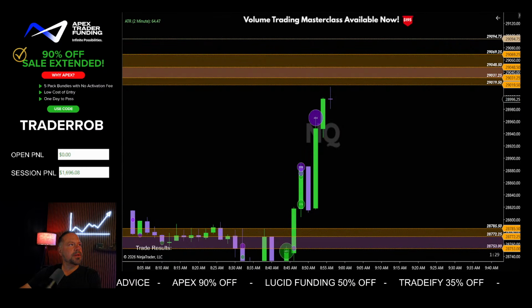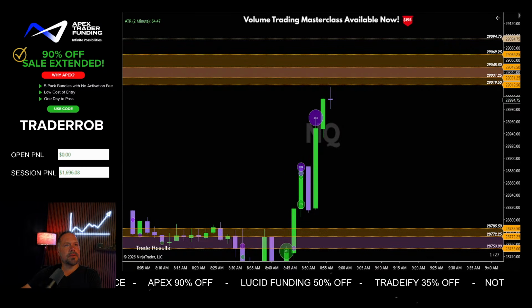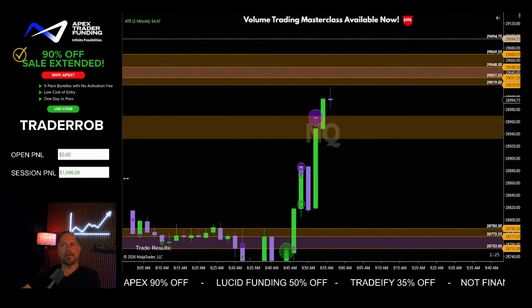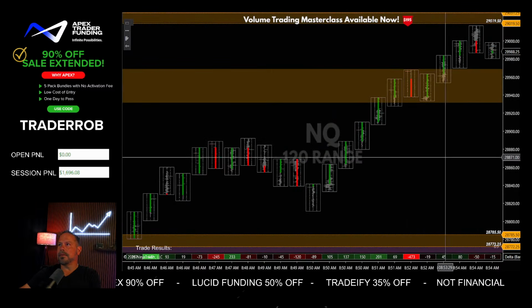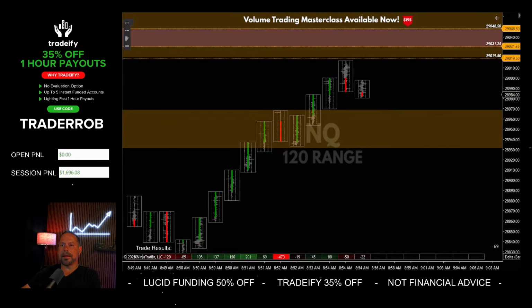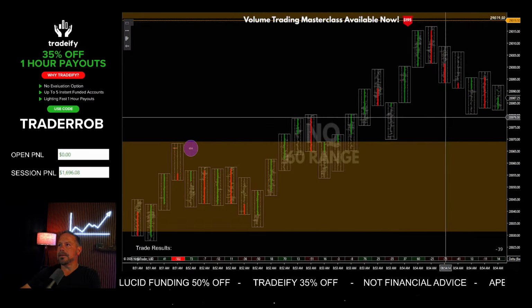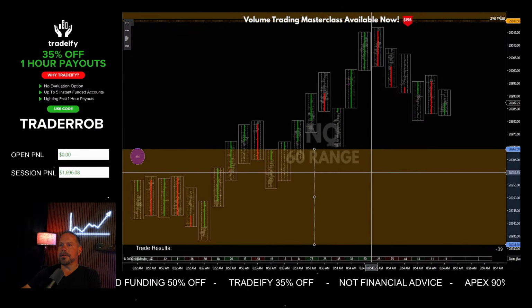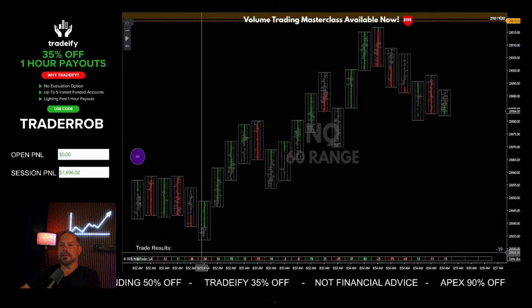Even though we do have, let's see how this looks here. This is on the 120 right there. That's the 60 for a quick pop here. It's junk. Don't need to do anything there.